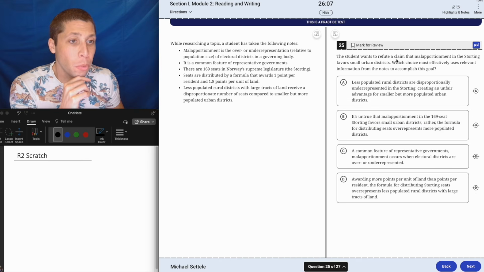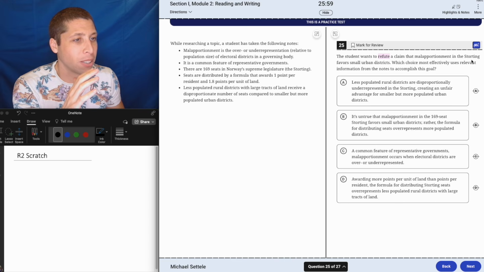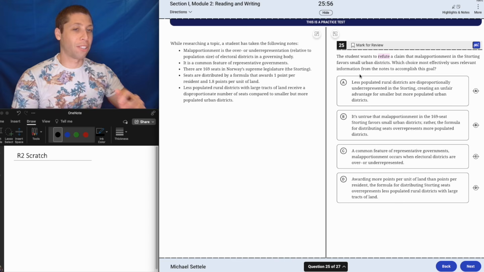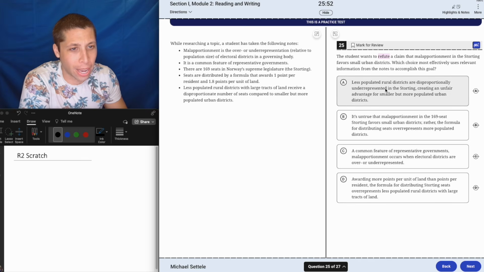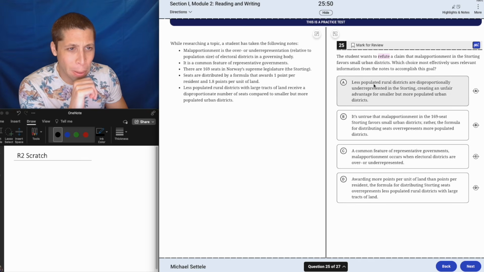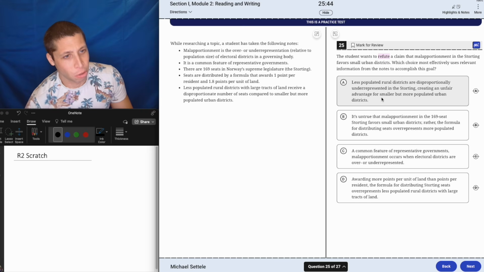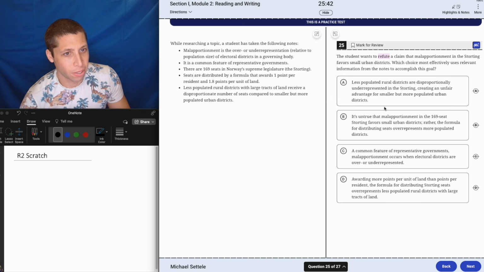The student wants to refute a claim that malapportionment in the sorting favors small urban districts. So refute that it favors small urban districts. So how would you do that? Okay. Less populated rural districts are disproportionately underrepresented in the sorting, creating an unfair advantage for smaller but more populated urban districts.